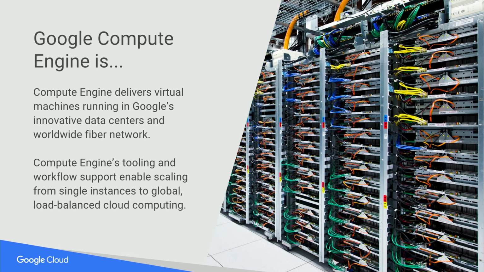So tons and tons of computing cores, of memory, of disk storage, and of network, globally distributed. And a tooling and workflow that allows you to easily spin up 1 to hundreds to thousands to tens of thousands of VMs and coordinate their activity, and also intelligently route traffic to the instances based on your users' needs.